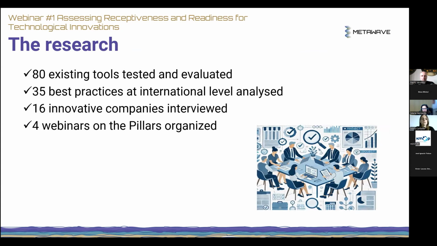So what we have done so far in the SMURF project is that we have, starting from this basis, analyzed the existing tools that you can find online for the self-assessment of the performance of the company. We have tested more than 80 of these tools and tried to prepare and design something that is different and yet inclusive of what we have seen in the existing tools.